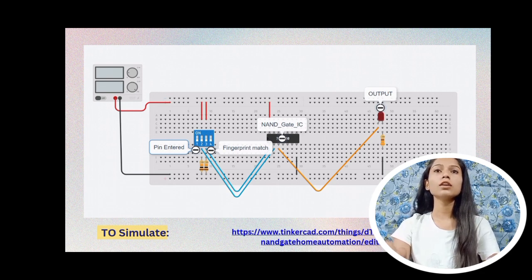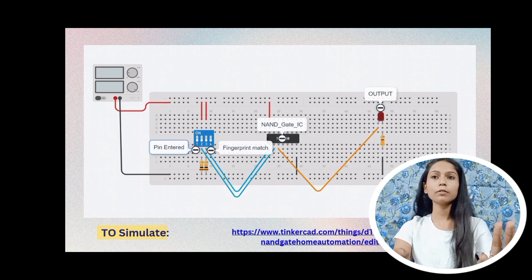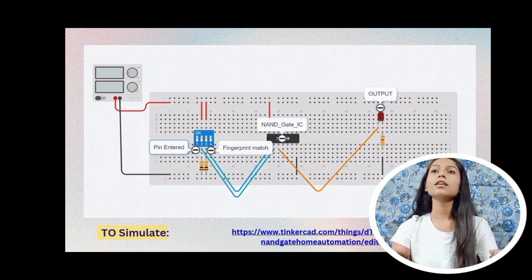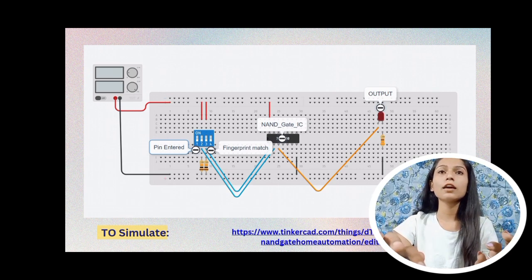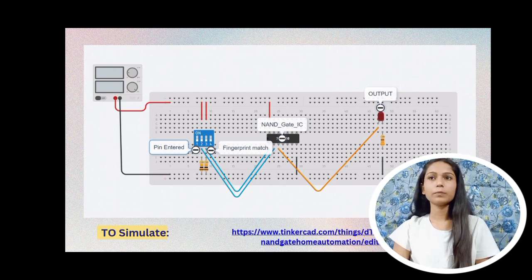When both inputs are at logic 1, meaning the fingerprint is matched and the correct PIN is entered, the output is 0, and that means the door is unlocked. Otherwise, in any other condition, the output is 1, which means the door is locked.